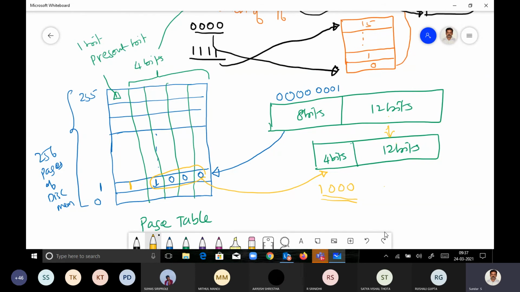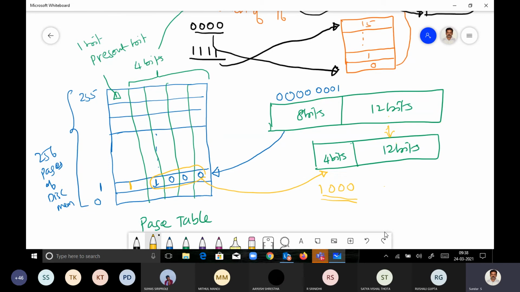So using the page table, we are able to map the newly generated address of the CPU. New address means the number of pins is increased in the CPU. So the new address being generated is somehow mapped with the existing main memory capacity.